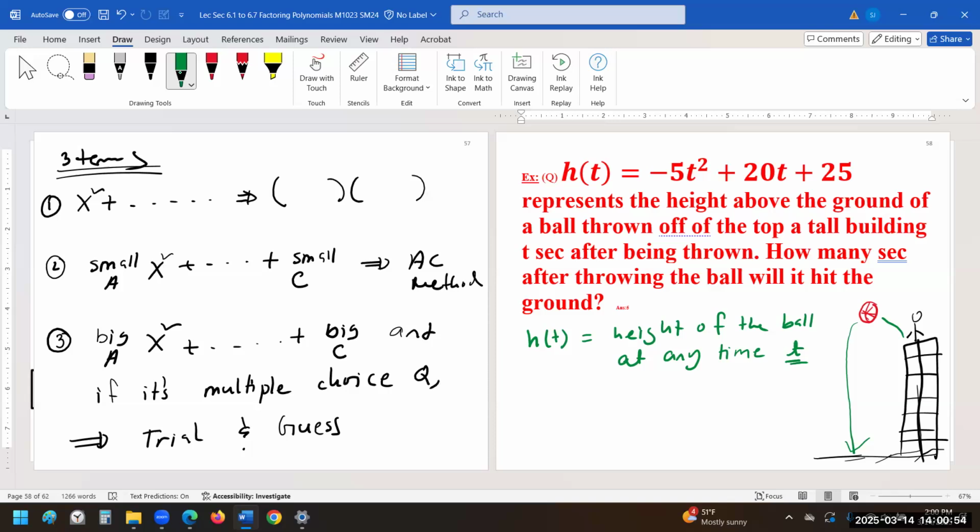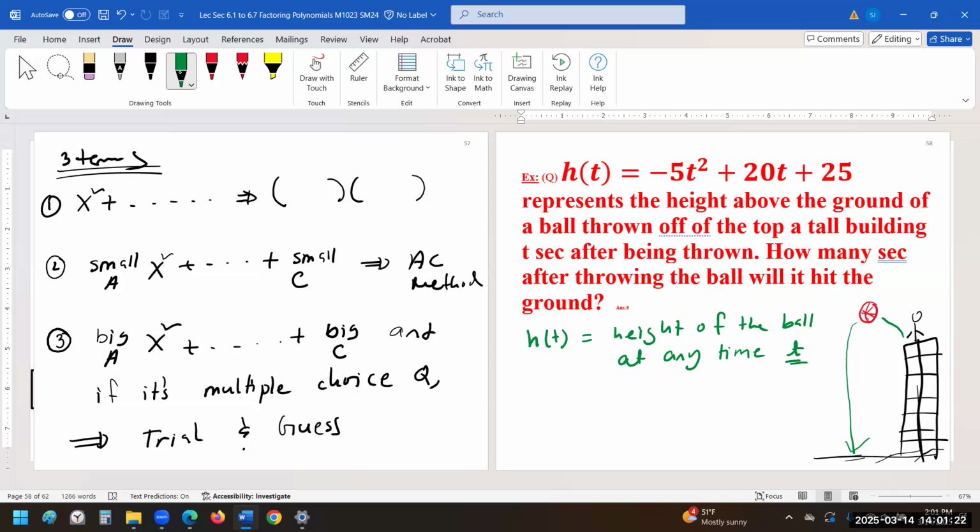And what is h of t? The entire expression. Now they are saying, if you know the height of the ball for every second, can you calculate how long it took for the ball to go up and come down?